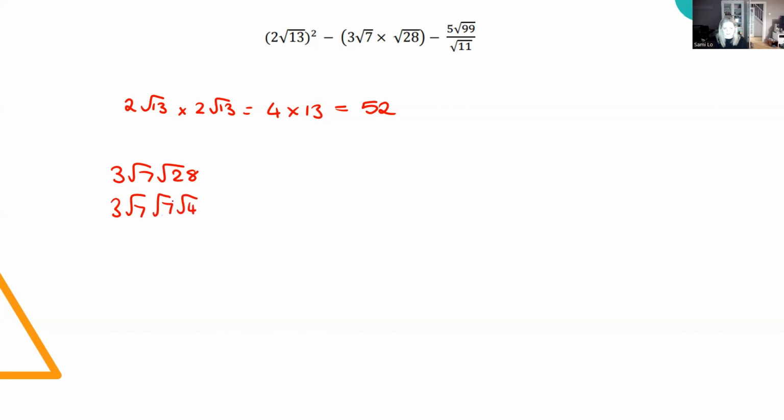Root 7 times root 7 is going to cancel out to just 7. So I've now got 3 times 7. Root of 4 is 2. And there we go. So that's how I've worked that one out.